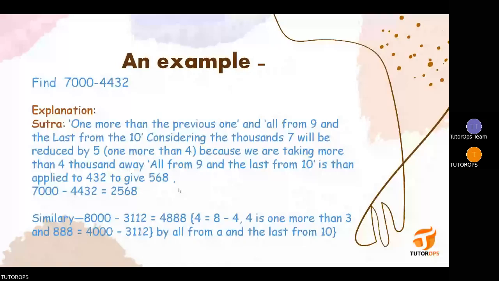So what will be the first digit? The first digit will be 4. I am repeatedly saying we need to check from the first number. So the first digit will be 4, and for the latter part we will use the previously mentioned formula.